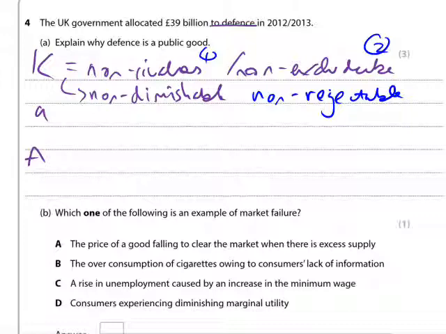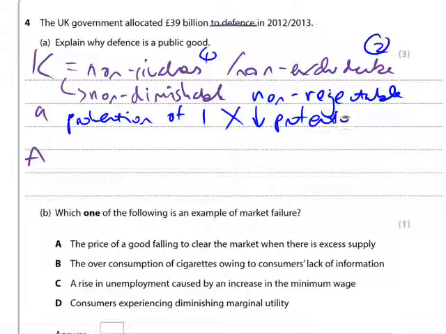So if it's non-rival, non-diminishable, it's that the protection of one person doesn't reduce the protection for others. So if you are a UK citizen, your protection doesn't use it up for someone else.